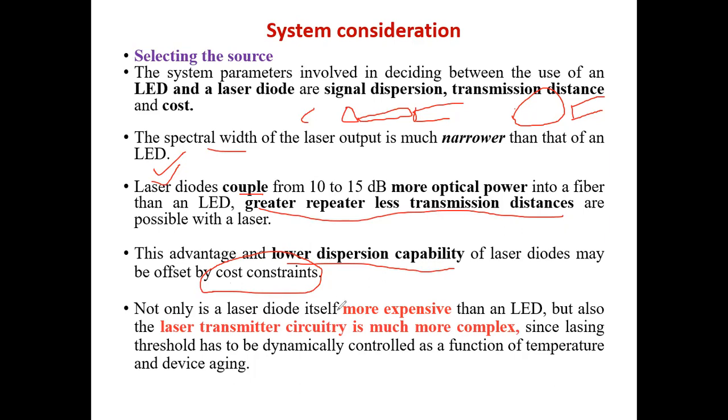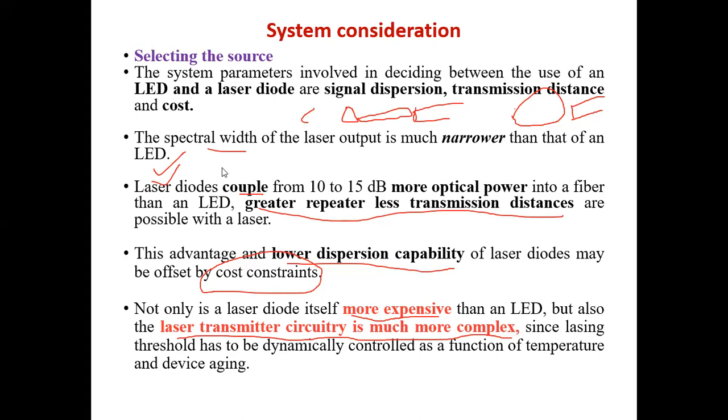Not only is the laser diode more expensive. So one of the disadvantages of laser, and a question may come, compare LED and laser: lasers are more expensive than LEDs. The second disadvantage is that the laser transmitter circuitry is more complex. When I'm designing with a laser as a source, the drive circuit and biasing circuit are complex.